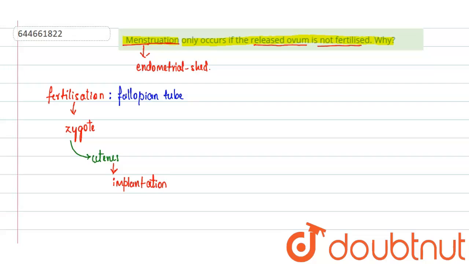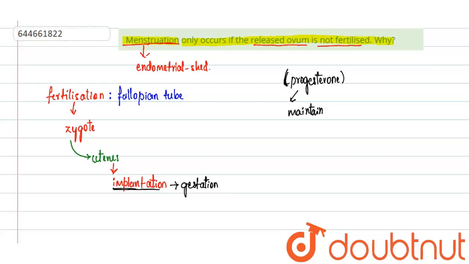So what happens here after the ovulation phase, the hormone progesterone will come into action. Progesterone is nothing but the pregnancy hormone. This progesterone will play its role after the ovulation or after the fertilization. If fertilization has taken place and implantation has taken place, and if this results in gestation or the attainment of pregnancy, then progesterone is the one that will maintain the pregnancy.